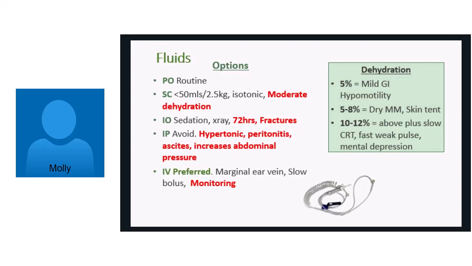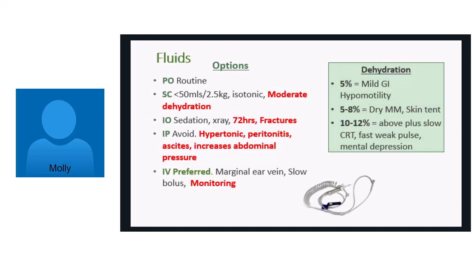Hyaluronic acid is the cell-to-cell adhesive in the tissues under the skin. Adding hyaluronidase allows my fluid to spread down really fast. So it's a top tip, it really works, and it allows me to give a greater amount at each area without causing pain or discomfort or damage, and it allows very rapid uptake of fluid from the subcutaneous space.